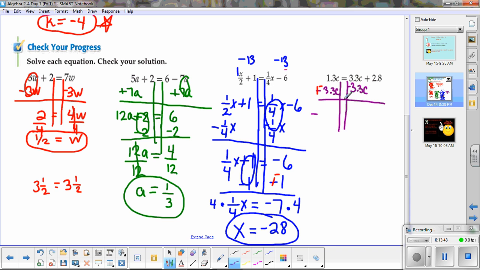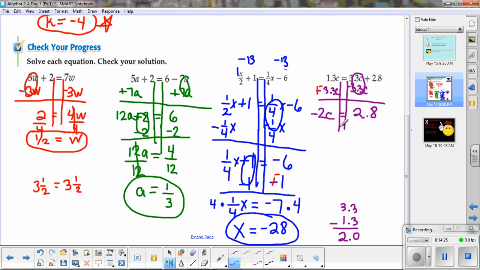And we're going to actually subtract these two numbers, 3.3 minus 1.3. 3 minus 3 is 0, and 3 minus 1 is 2. Put the decimal straight down. So this side over here is going to be a -2C. And on the right side, we have 2.8, because the 3.3C minus 3.3C is 0.